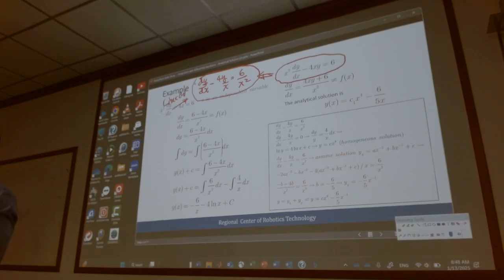Superposition, how many inputs do you have? Two inputs, right? One is what? Initial condition, right? And the other one is external force, right?